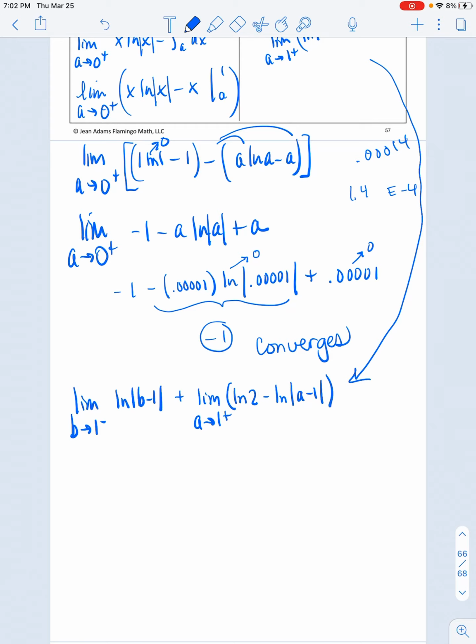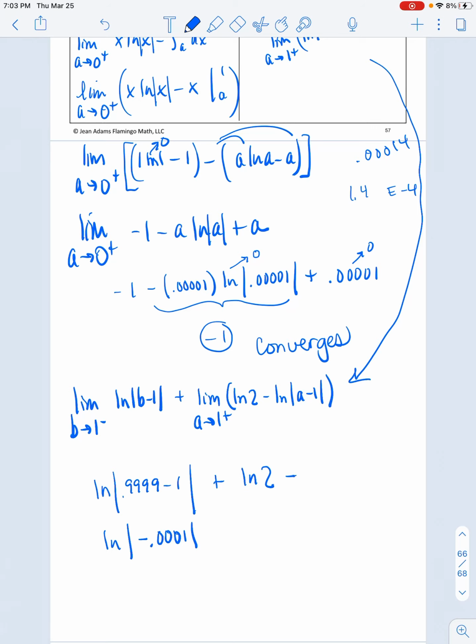So now think about coming in to 1 from the left. Okay, you're like, I don't know, 0.9999. That's coming in from the left, right? So we're going to see what that gives us. This is going to be ln of the absolute value of negative 0.0001. Okay?